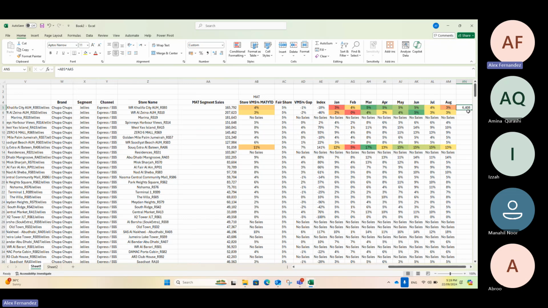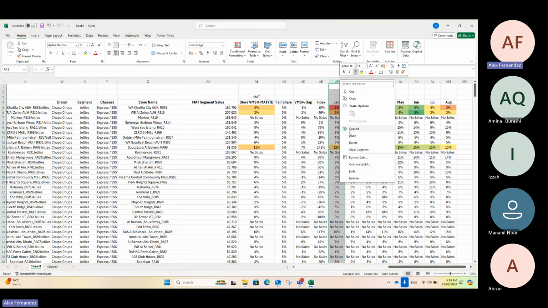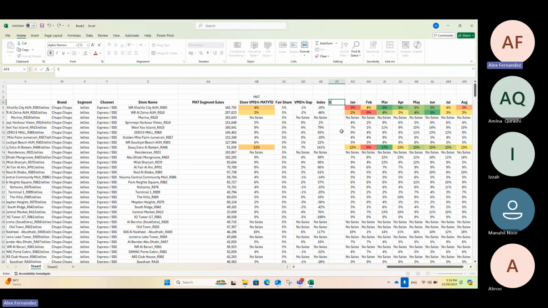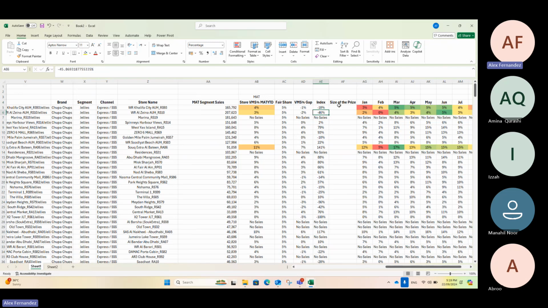So how do we calculate the size of the prize? We would like to add one column here, we call it size of the prize. The size of the prize would be the gap.